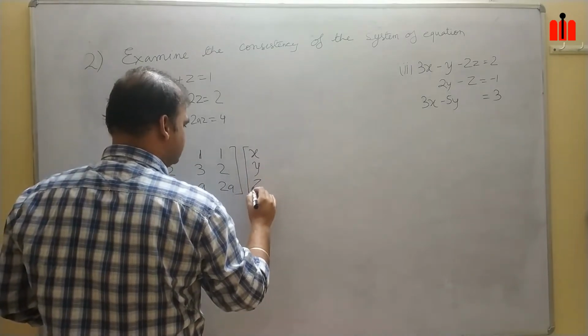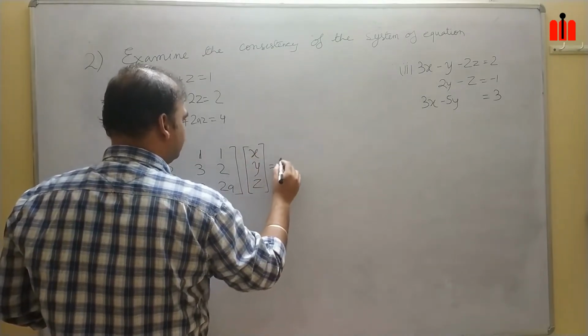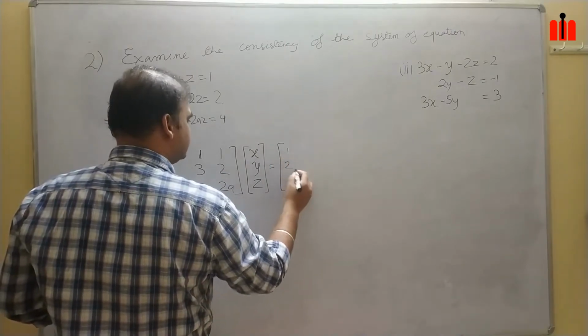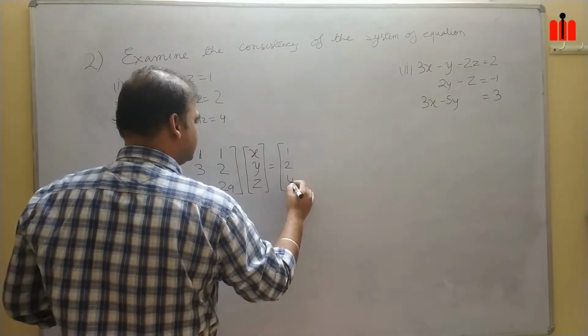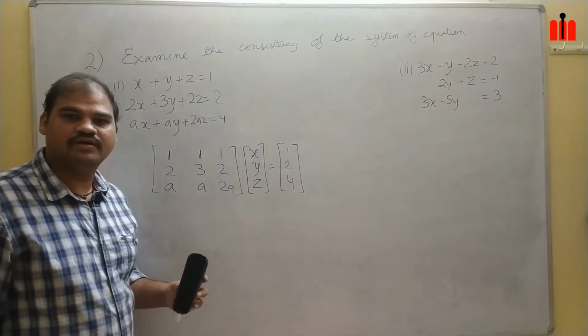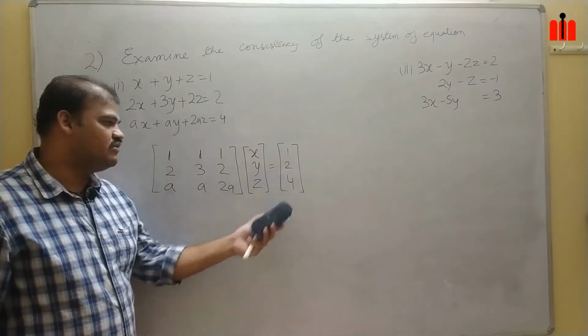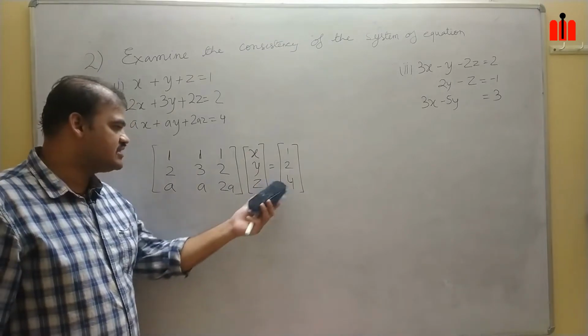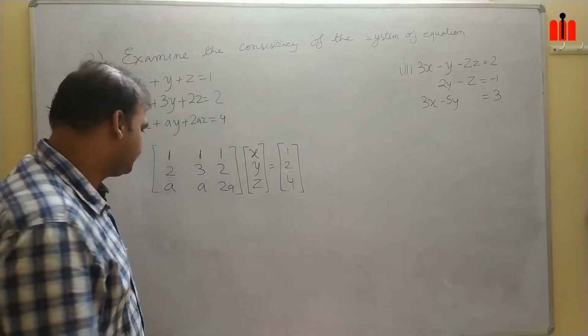X, y, z equal to, what are the constants? For the first equation the constant is 1, second equation it's 2, third equation it's 4. So this will be my Ax equal to C, or you can write Ax equal to B as well.